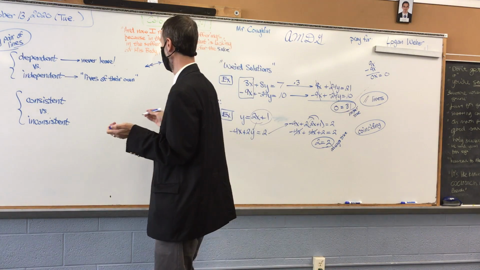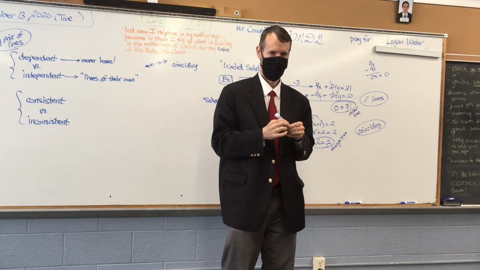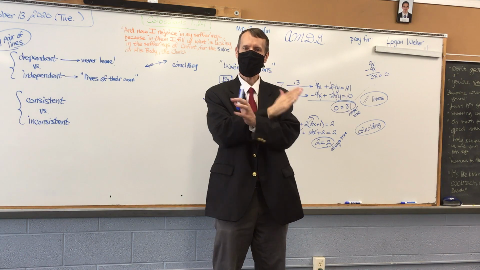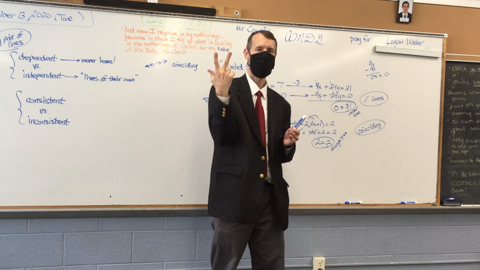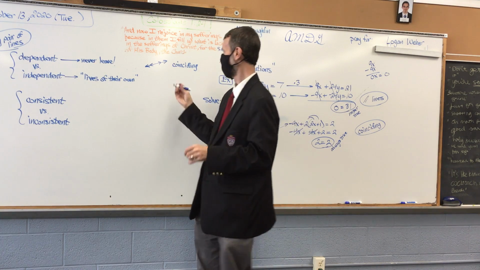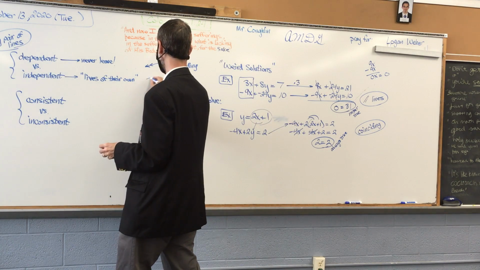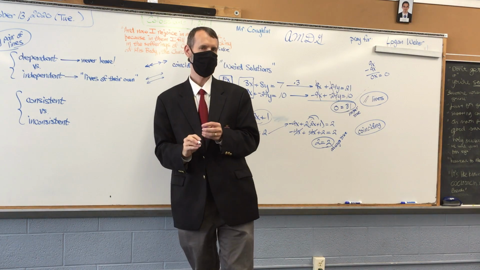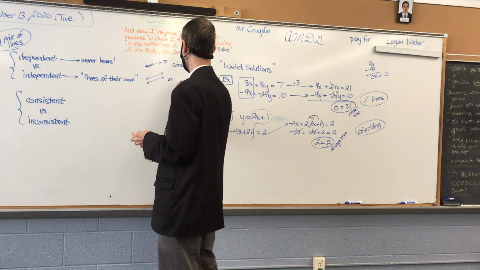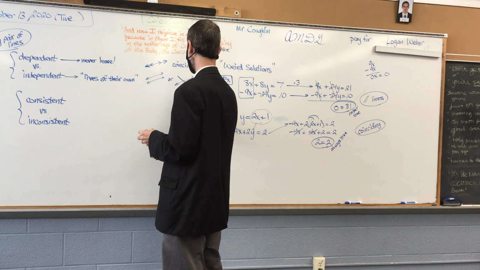Independent, they have lives of their own. That doesn't mean they can't meet, but it means they're not stuck together. There are two options for this. They could be parallel. They definitely have lives of their own. Or they could just be plain old regular intersecting.